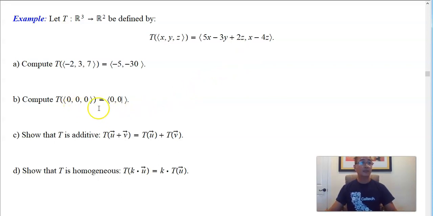When the input is the 0 vector, the output is the 0 vector. This is actually one of the properties of linear transformations, which you're going to do in the homework in 3 different ways. When the input to a transformation is the 0 vector of the domain, the output is the 0 vector, but the 0 vector of the codomain.